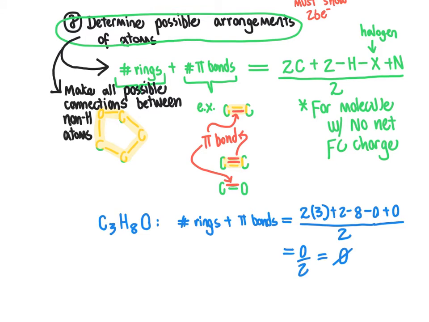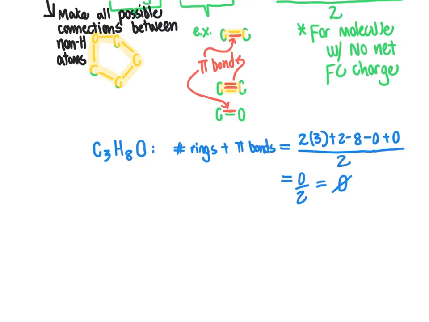The reason that we do it this way is because typically our hydrogens are going to be our filler material at the end that we'll use to help us obtain a complete octet around all of our atoms. Prior to that, when we're thinking about coming up with all the different possible constitutional isomers, all the different ways that the atoms can be arranged, it's usually best to not think too much about hydrogens at that point, because the hydrogens are very much getting down in the weeds, and we want to think about the big picture of what the overall skeleton of the molecule looks like.